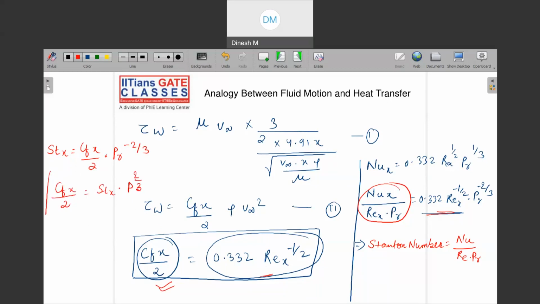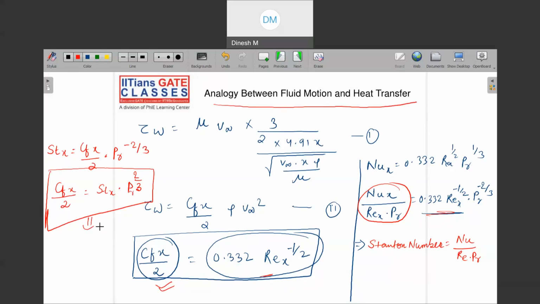So this is the analogy which is helping you to determine the relationship between skin friction coefficient and heat transfer. You encounter these when you are tackling the flow velocities, and then you are dealing with Prandtl number and Stanton number when you are talking about heat transfer. So you are able to fix some analogy between fluid motion and heat transfer, and this relationship which you are able to develop here is called Reynolds-Colburn analogy.